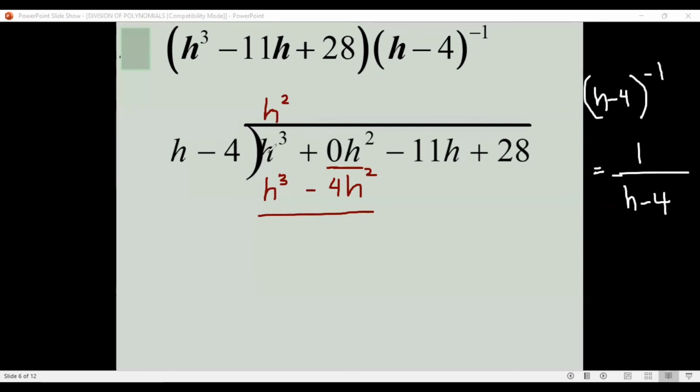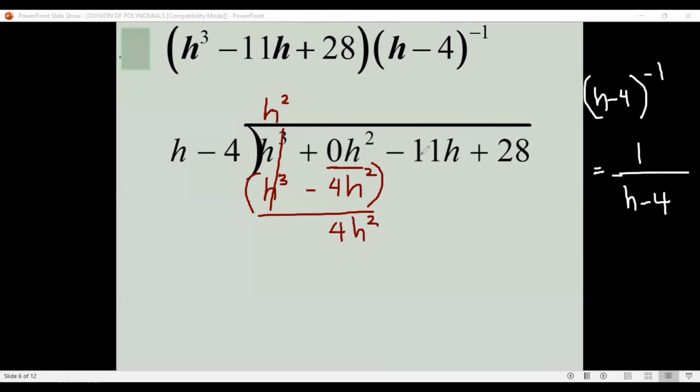Okay, so after having that, you will now multiply or subtract. So we have to subtract, meaning this will already be cancelled, and subtracting positive 0h squared minus negative 4h squared, again this becomes positive, so we have to be careful with our integers. So 4h raised to the second power.